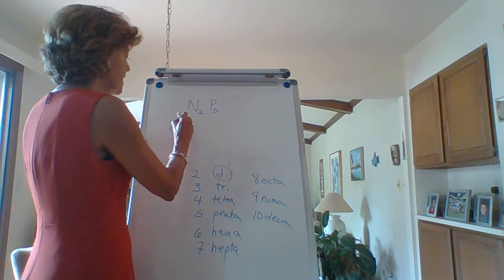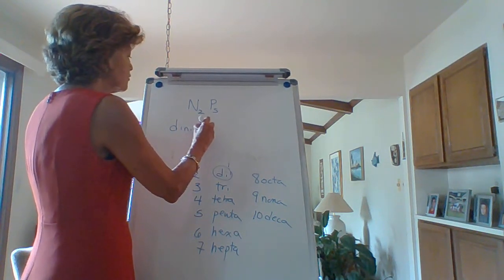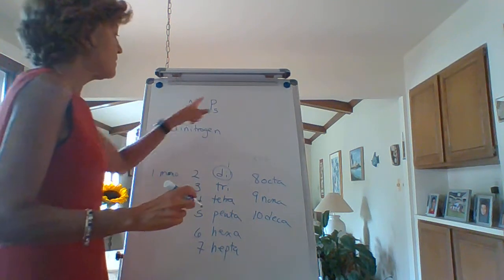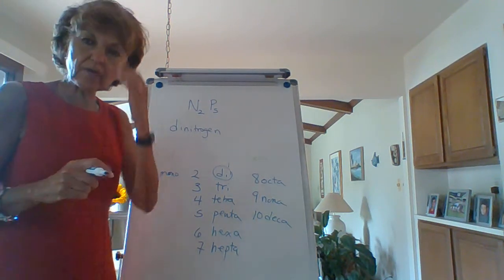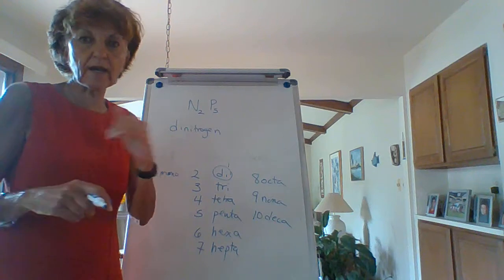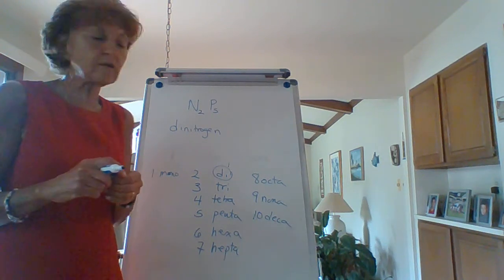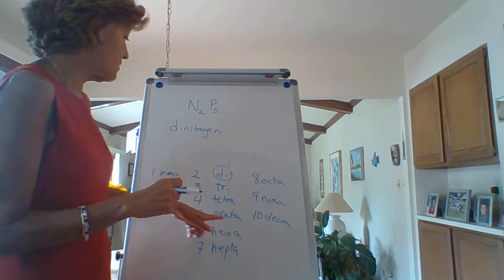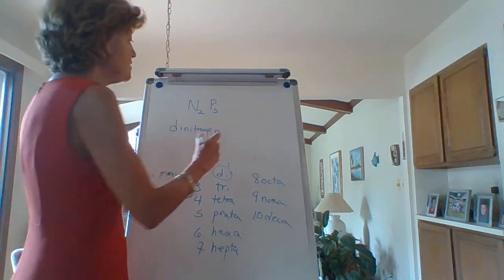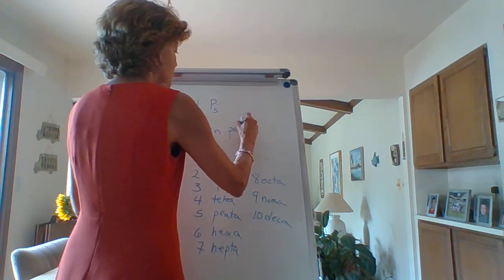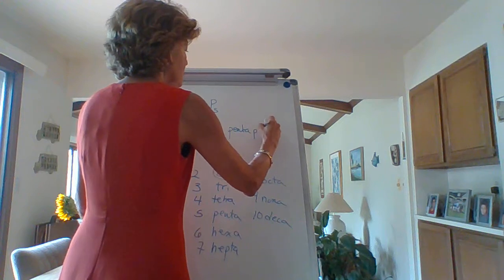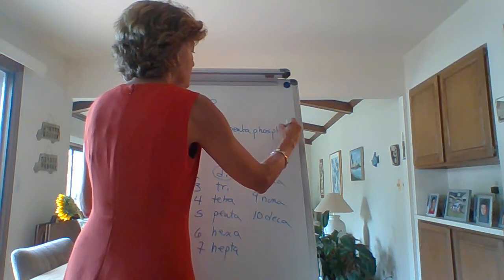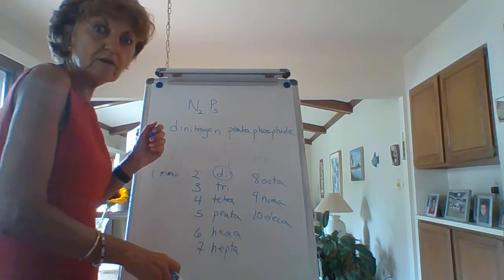So you're going to write dinitrogen. And then the second one, remember how with ionic compounds you end it with an "ide"? You do the same thing with covalent compounds, but you have to tell me that you have 5 of them. So it would be pentaphosphide. You see what I'm doing here?